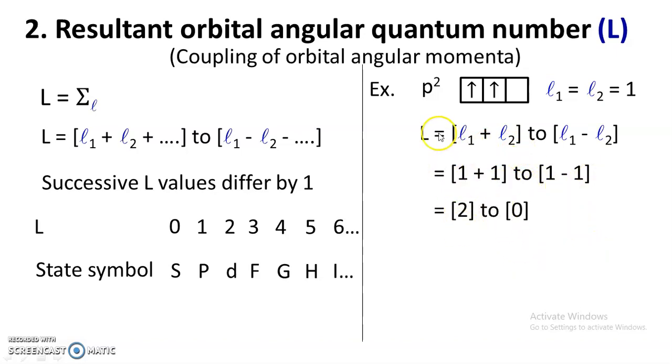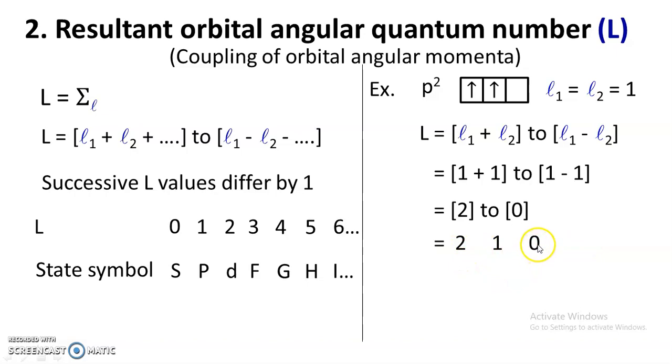It means the value of the resultant orbital angular quantum number ranges from 2 to 0. 1 plus 1 is 2 and 1 minus 1 is 0. And as I said earlier, each L value differs by 1, and therefore possible L values are 2, 1, 0.